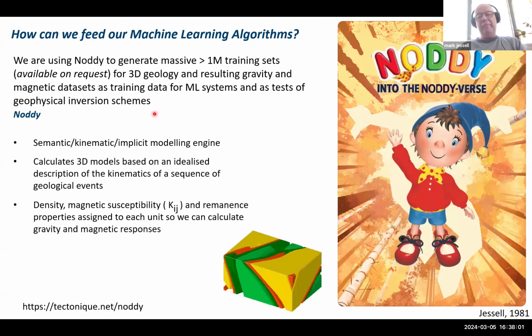So I have my geology, and then I folded it, and then I put in a fault, and then I put in a dike. And for each geological unit in that volume, we are predefining geophysical petrophysical properties, like the density of each layer and the magnetic properties of each layer. Therefore, we can forward model the gravity and magnetic field that result from 1 million different randomly generated models.